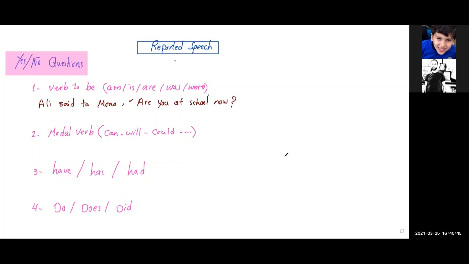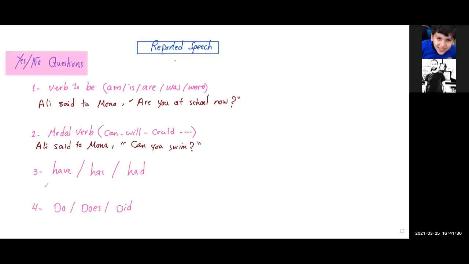Ali said to Mona, can you swim? Okay, this is the second type of yes and no questions because it starts with a modal verb.